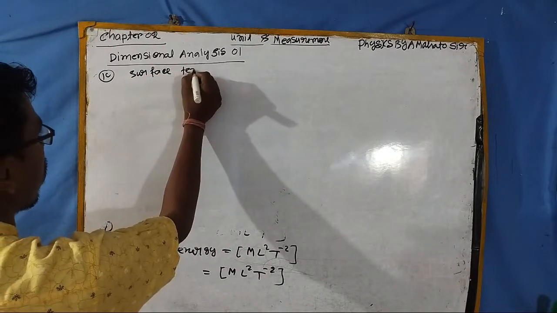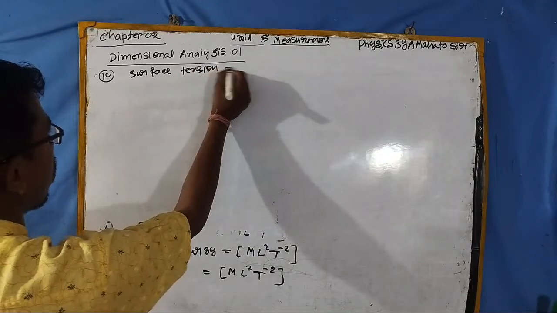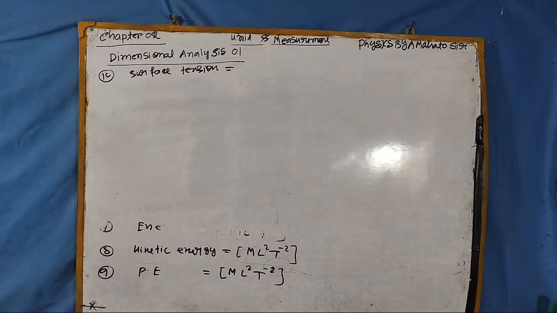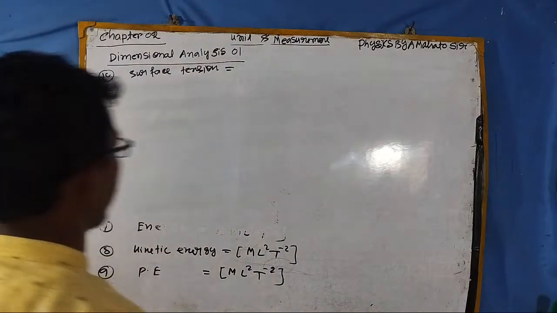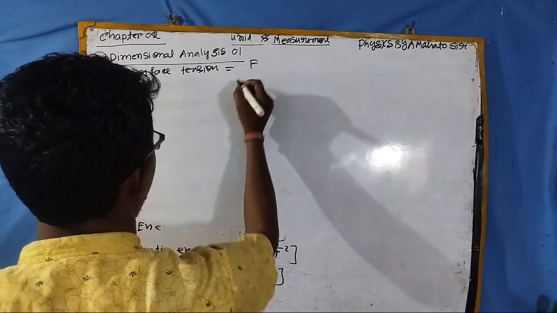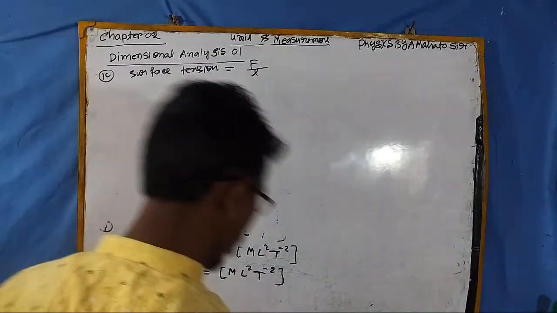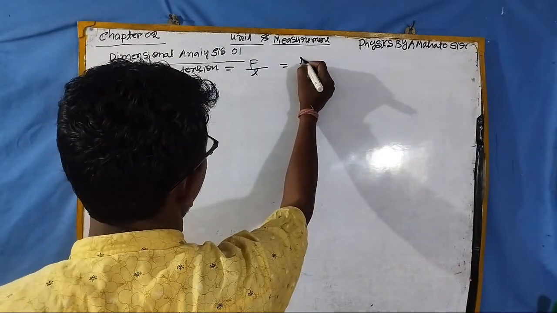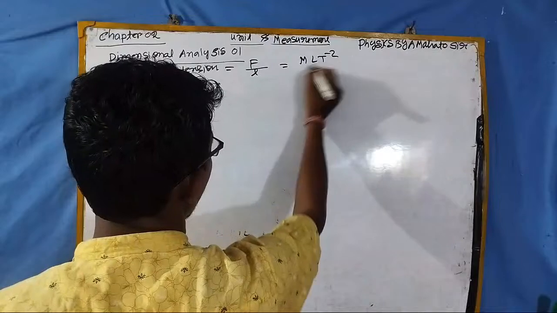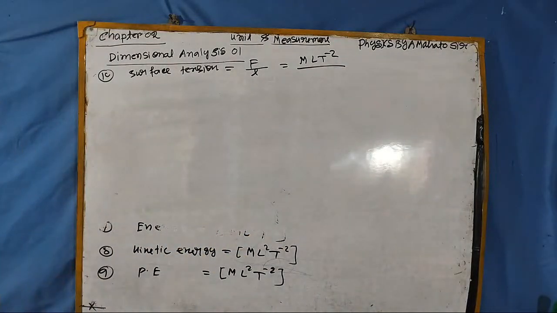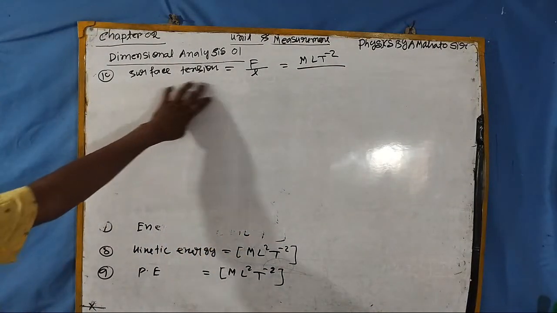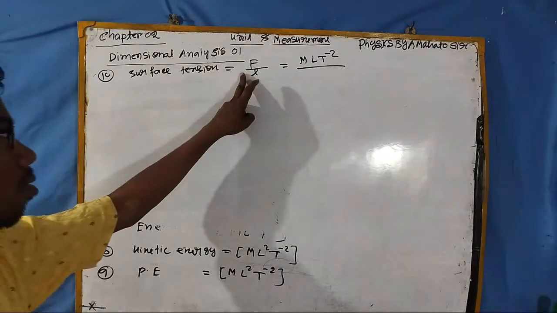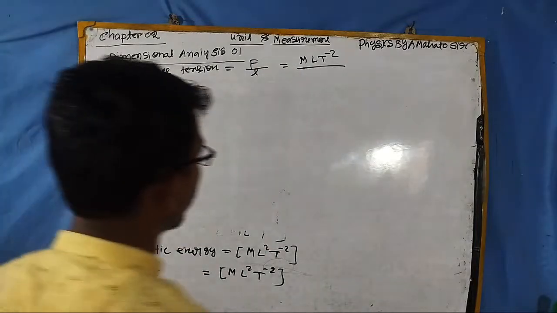Surface tension is force per unit length. So force dimension is MLT^-2.